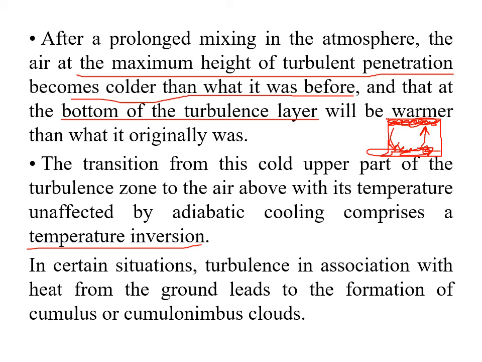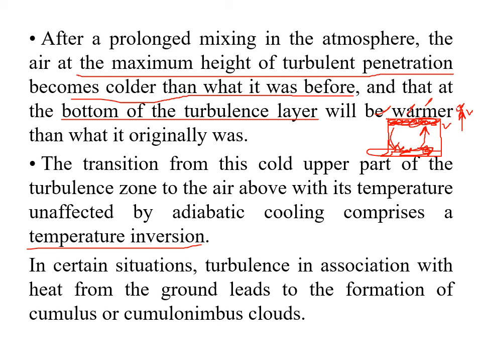Now, the atmospheric gases above this convection shell, that means these areas, are not at all affected by this kind of convection flow. If we look at the temperature difference as we move from this layer to this layer, the topmost portion of the convection shell has cooler atmospheric gases, and the gases above the convection shell are sufficiently warmer compared to these gases.